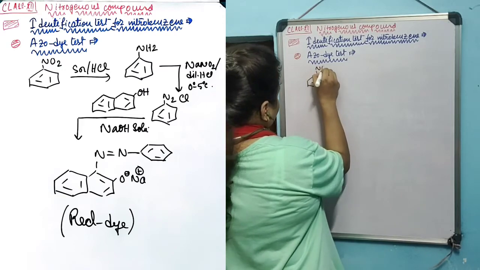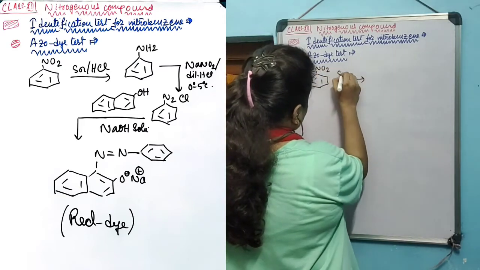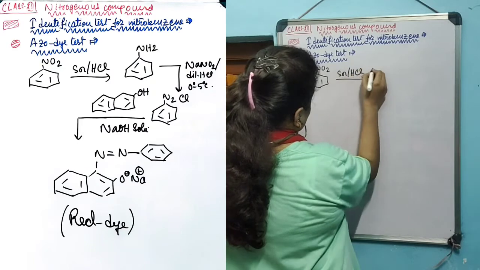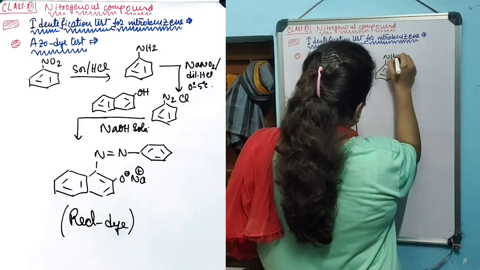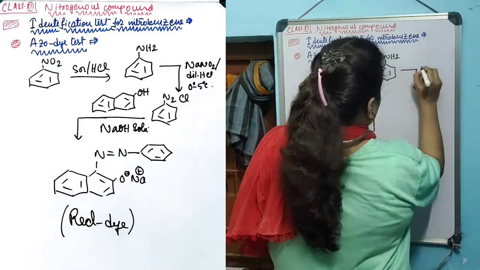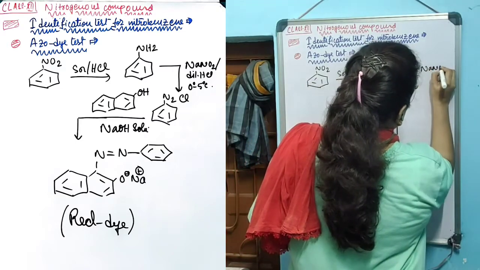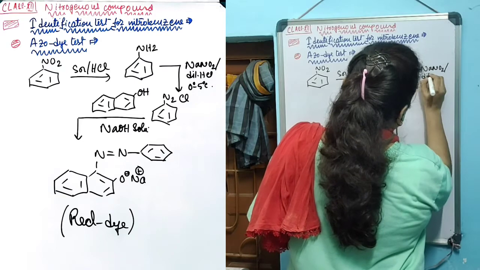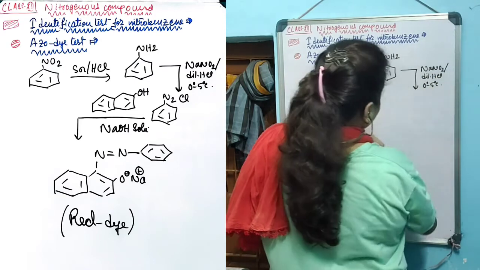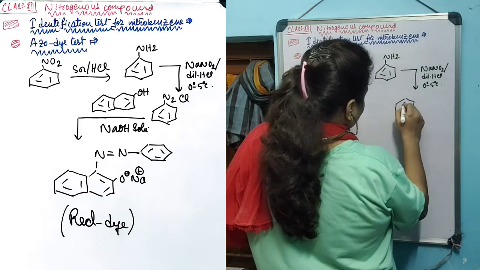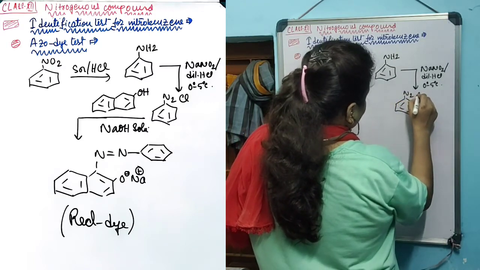When nitrobenzene is treated with HCl, it produces aniline. When aniline is treated with NaNO2 and dilute HCl at 0 to 5 degrees Celsius, benzene diazonium salt is produced.